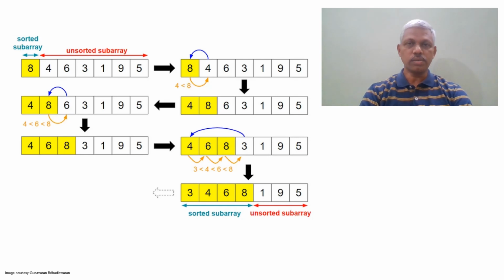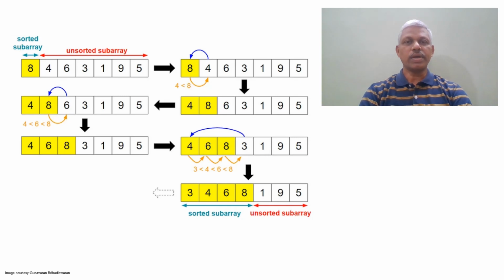We keep on moving to the right. 5 will be swapped with 9 because 5 is less than 9, then swapped with 8, then swapped with 6, and once it reaches the position between 4 and 6, since 5 is greater than 4, no swapping is done. By this time 1, 3, 4, 5, 6, 8, 9 is the sorted array.